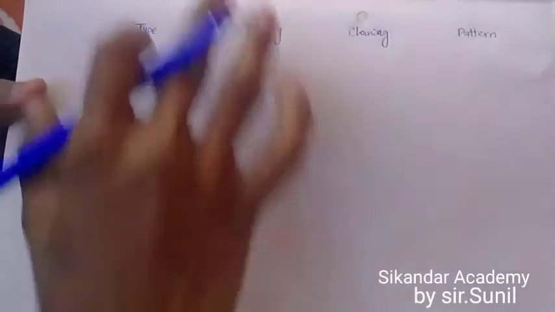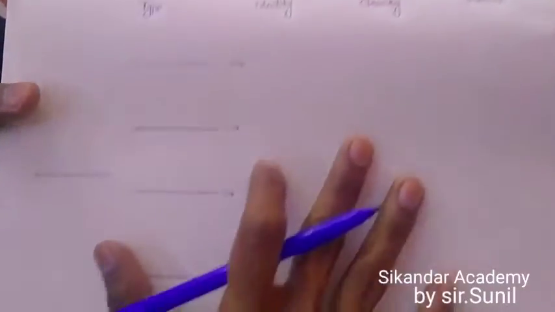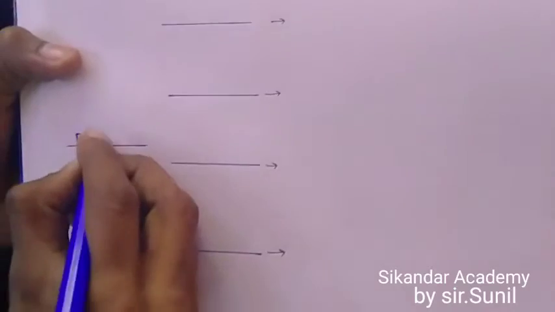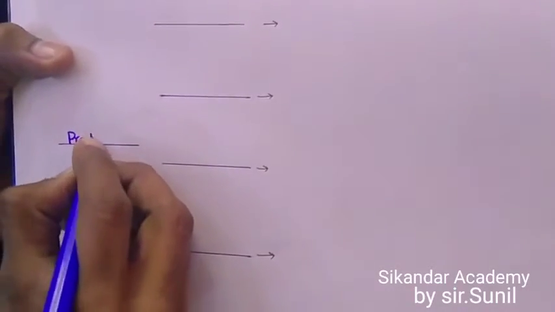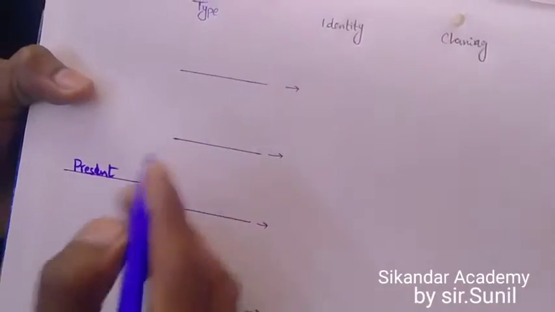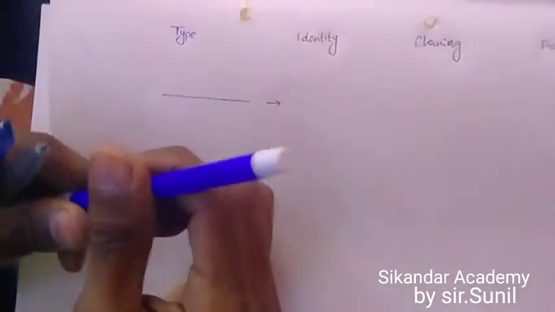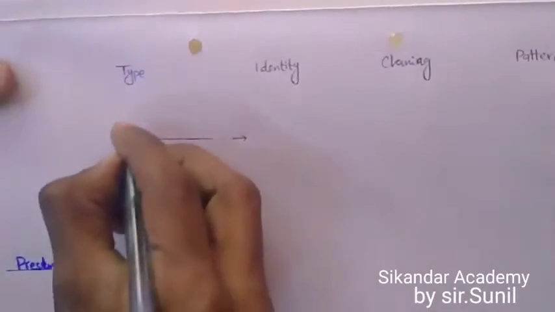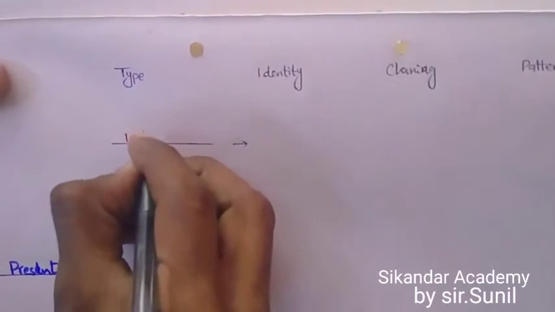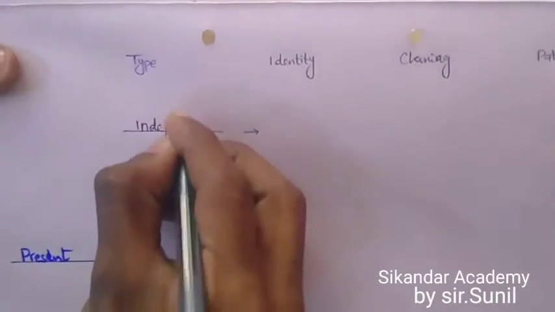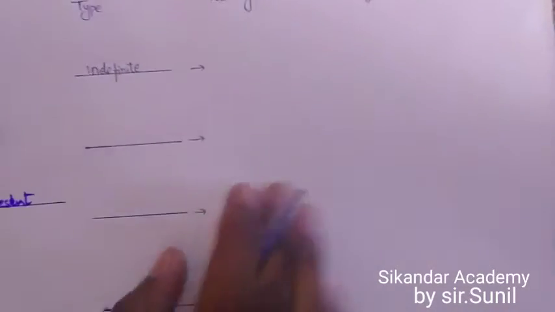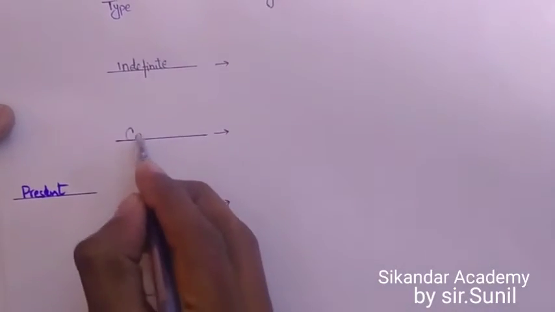Now we are going to discuss our first tense, which is present. And present tense is of four types. As we know, indefinite, now the second type is continuous tense.